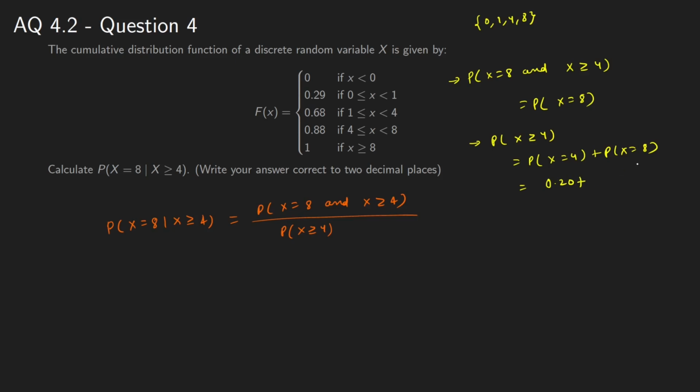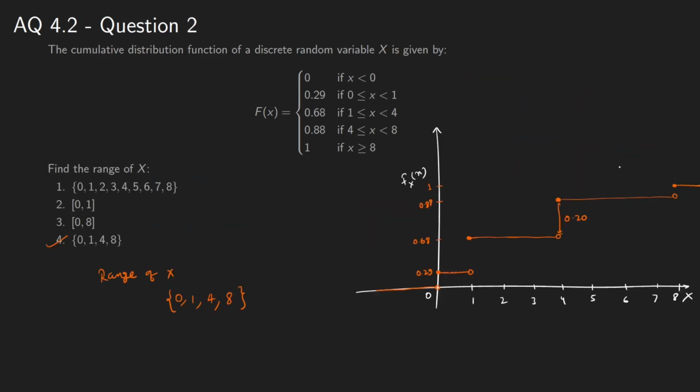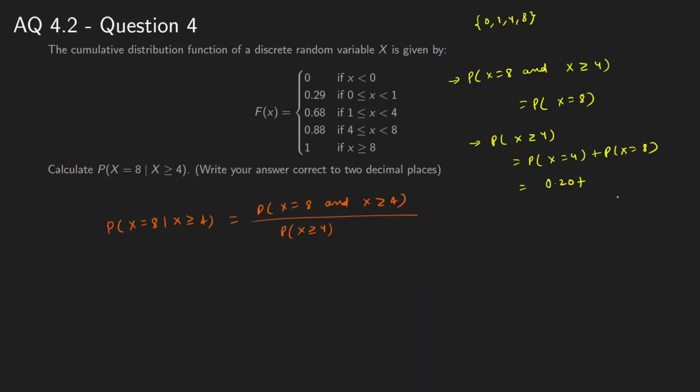What about the probability at x equals 8? As we saw here, the amount of jump that was there at this point x equals 8 was 0.12. So it will represent the probability with which this value x equals 8 is taken, so it will be 0.12. So this probability is just 0.32. Now we can put these values and get the answer.